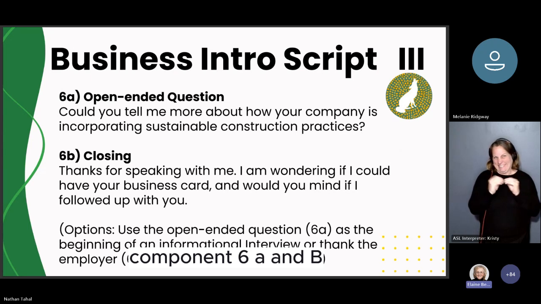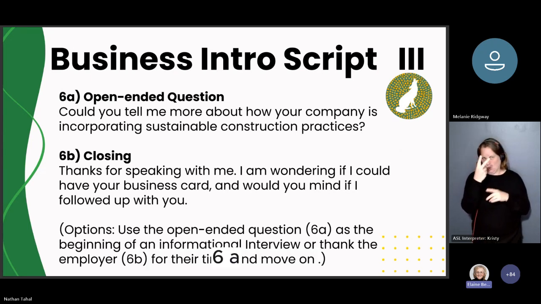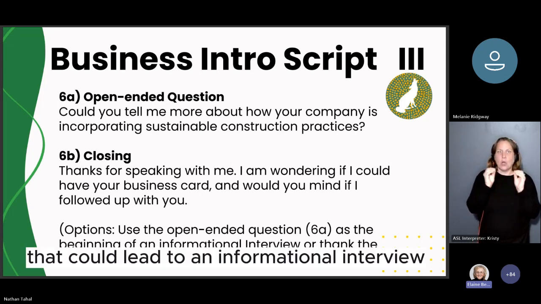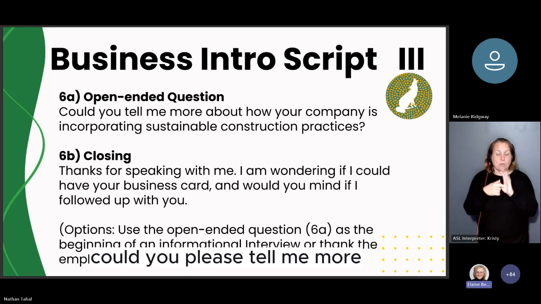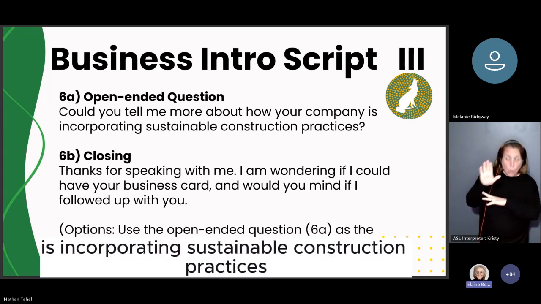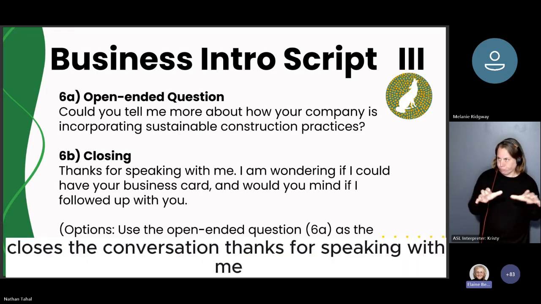Component 6A and B, there are 2 options. 6A fosters more conversation that could lead to an informational interview. So it goes something like this. Could you please tell me more about how your company is incorporating sustainable construction practices? 6B closes the conversation.